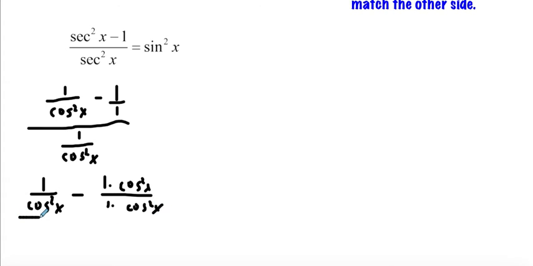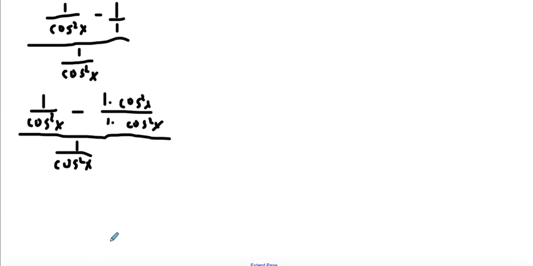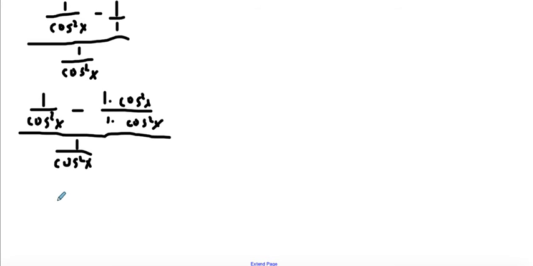And then the whole thing. Don't skip your steps on here, because if you skip your steps, you're going to mix yourself up, and then I'm not going to give you credit because I can't tell what you're doing. So keep it looking like exactly what the problem looks like. It should look like a numerator and denominator together. So now up here in the numerator, 1 times cosine squared just gives you cosine squared.